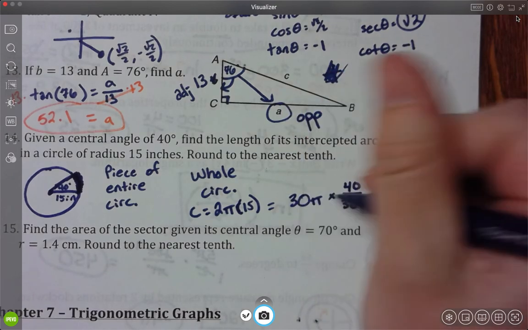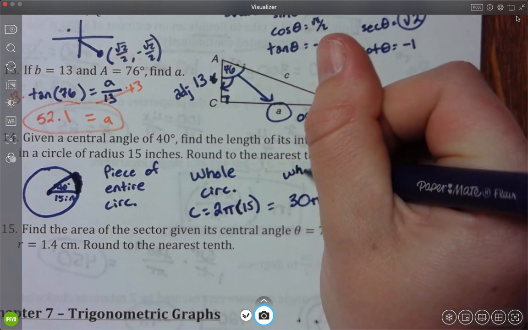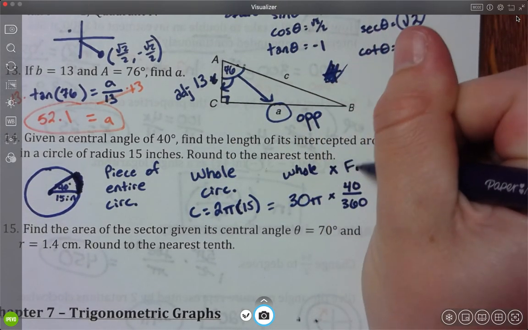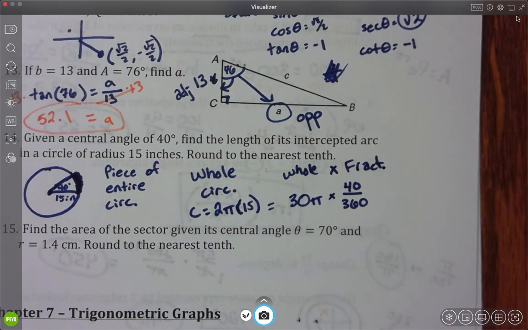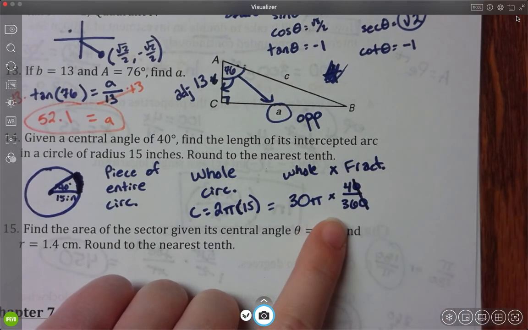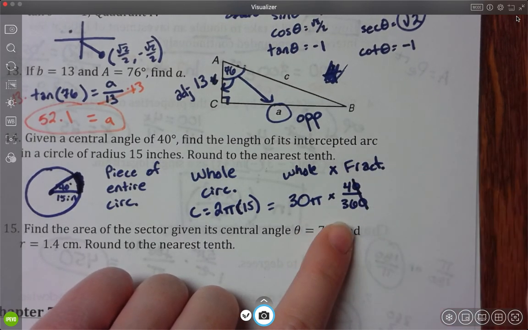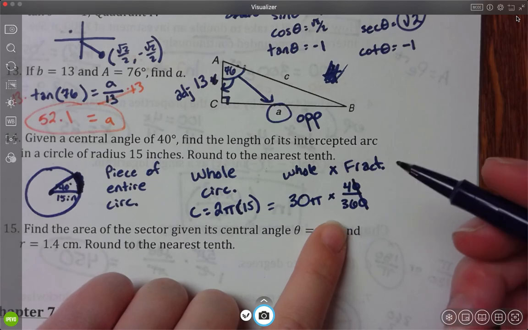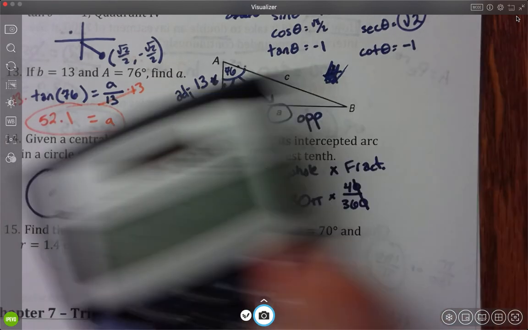So we take the whole circumference times the fraction that we want, which is 40 degrees out of the 360. I can knock off a 0, and really 4 over 36 is 1/9. You can just take it times 1/9, but that's fine.